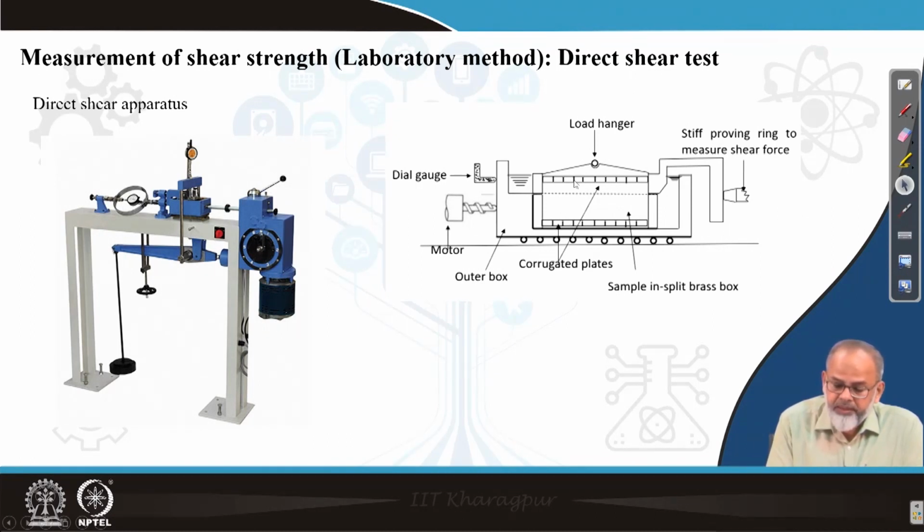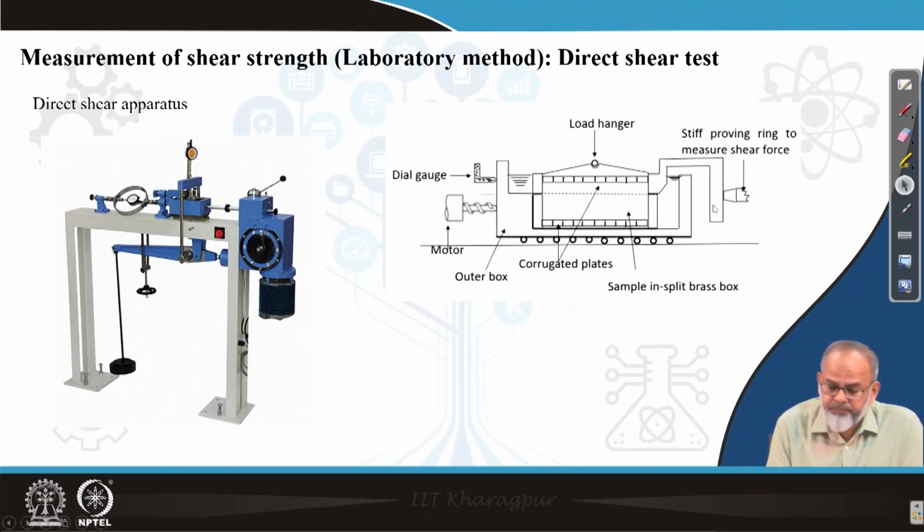Then this lower portion of the shear box is resting on a container, where the container is almost fixed and is sliding over the rollers which are provided at the bottom. So we apply a tangential force after removing the pins which were initially put in that shear box.